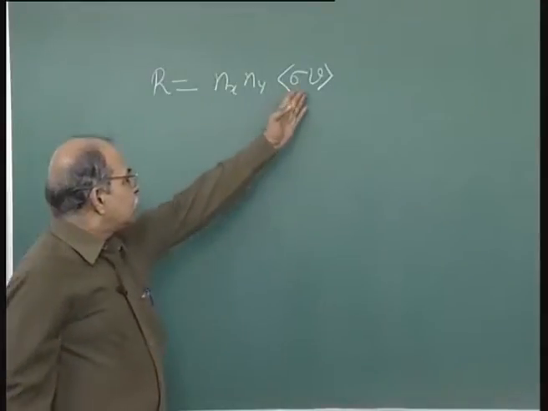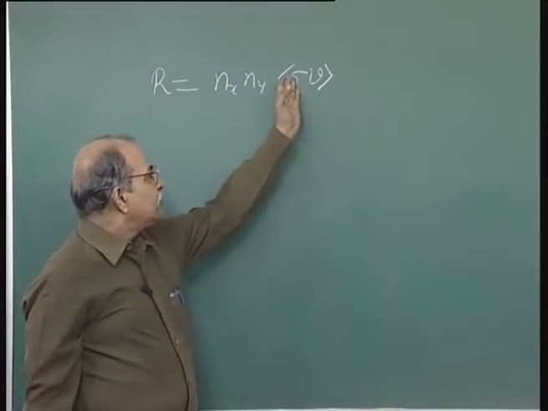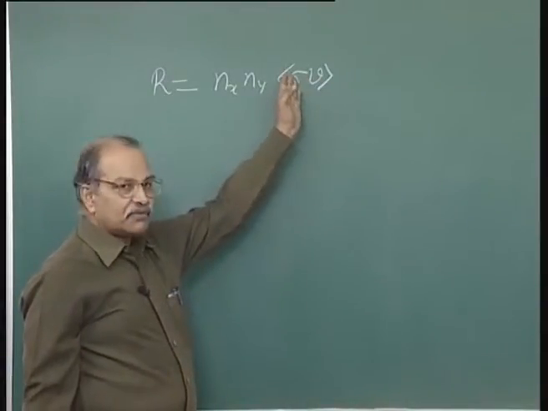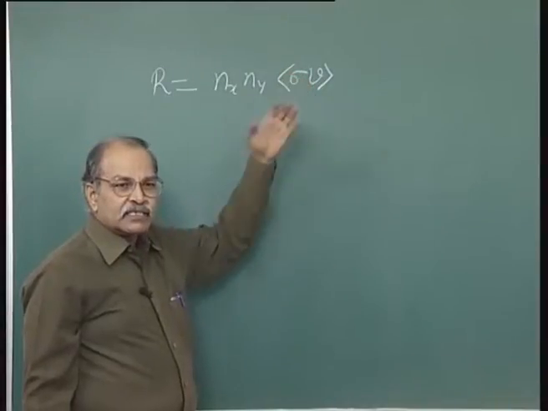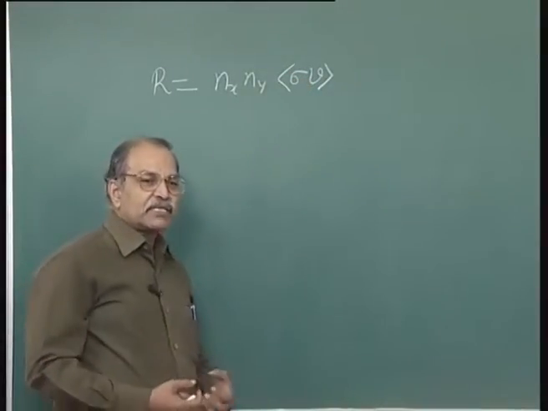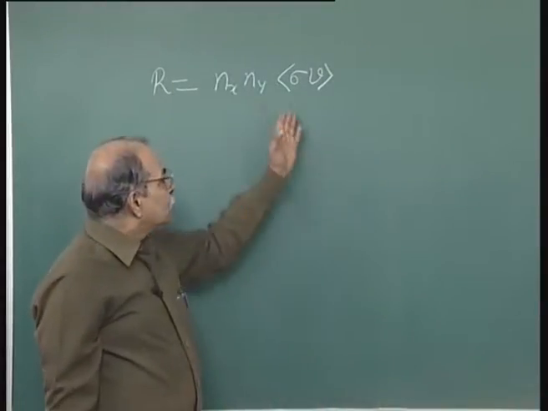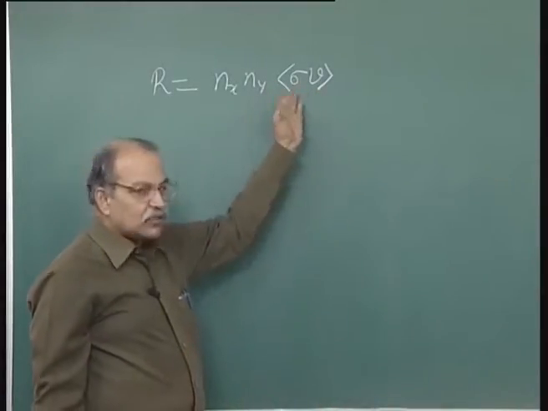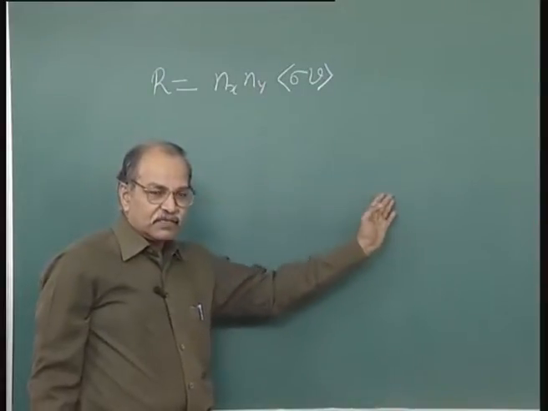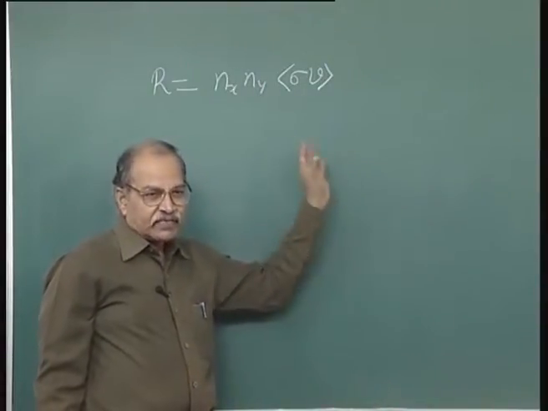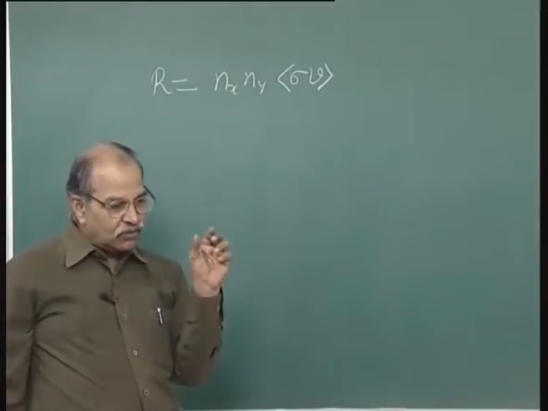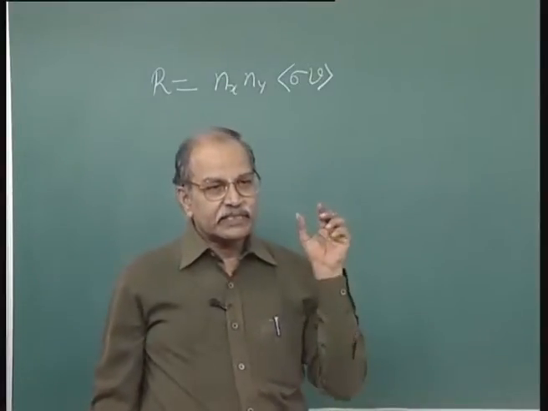And we saw that sigma V itself is a function of V, and since the velocities are distributed according to Maxwell-Boltzmann distribution in the plasma, you have to integrate over all varieties of velocities involved. We saw that only a small part contributes in this integration.